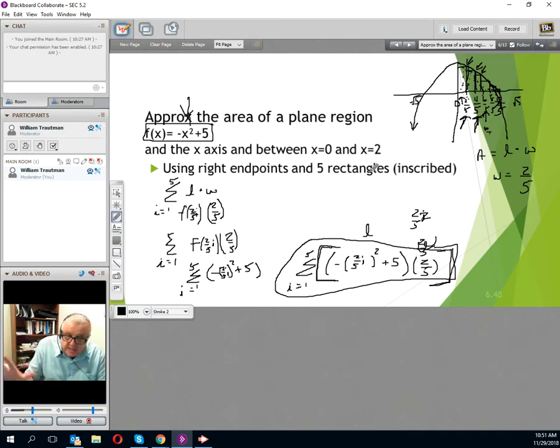You need the big summation formula that your calculator gives you already, but then you need a parentheses and type in negative parentheses 2x divided by 5, close parentheses and square it, and then plus 5. And I'm going to close the function parentheses and then do a parentheses 2 divided by 5, close that parentheses.